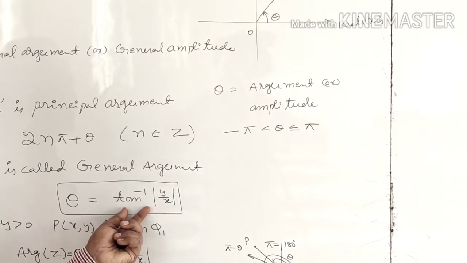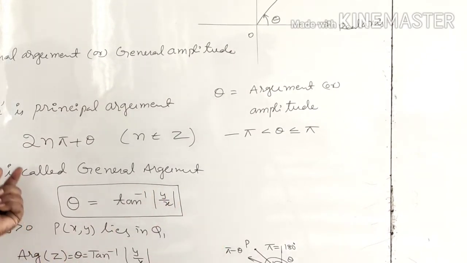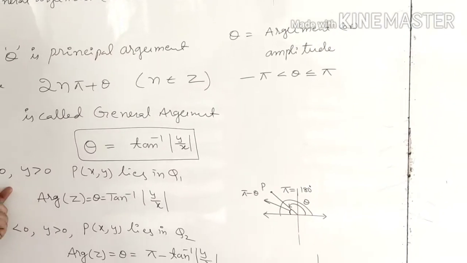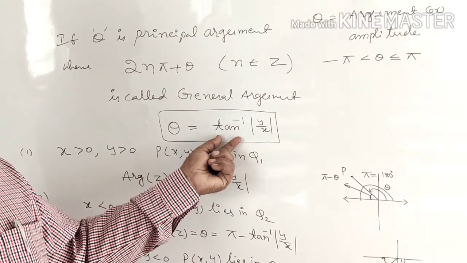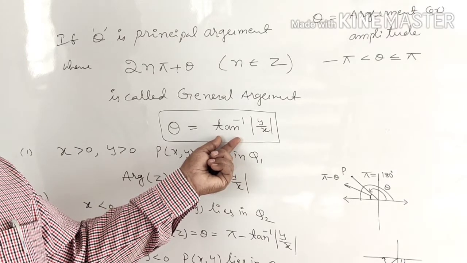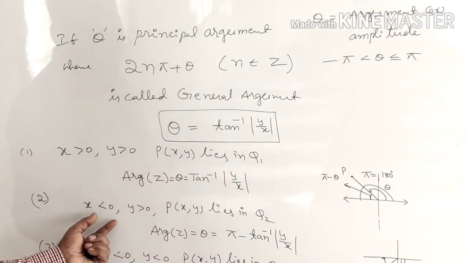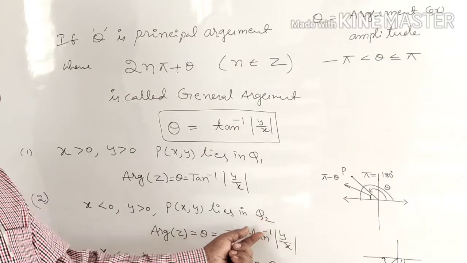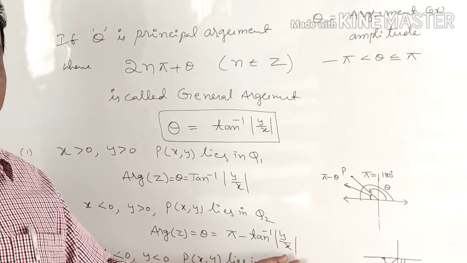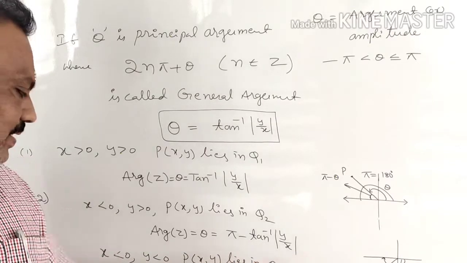How would we know it is the first quadrant? Given a complex number, you can check whether x is greater than 0 and y is greater than 0, then it is the first quadrant. This is the amplitude or argument of the complex number. If it is in the second quadrant, x is negative and y is positive, so it is pi minus tan inverse mod of y by x.